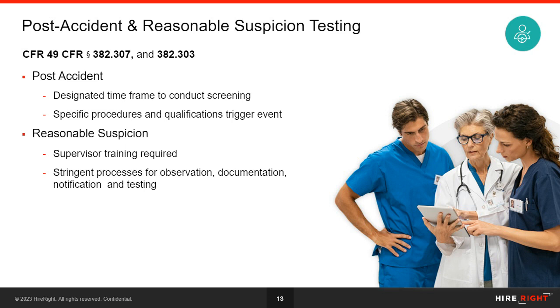So when we switch gears over to reasonable suspicion, this is probably one of those components that you are least prepared to engage in. And I could do a whole hour. Well, I could literally do 2 hours on this pretty easily, because per the regulation, any supervisor that might be making an observation with regard to impairment of one of your drivers would need to have gone through the 382.603 training requirements for a supervisor to make those observations and then subsequently document those observations.